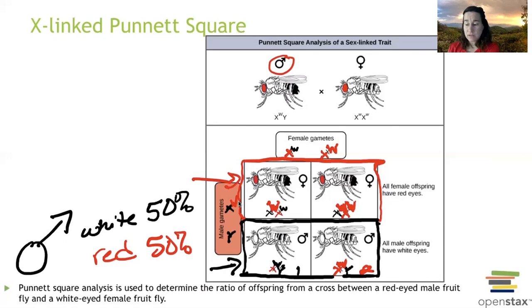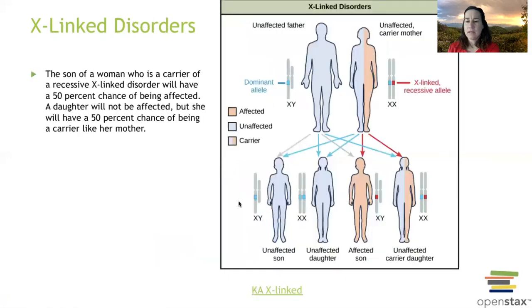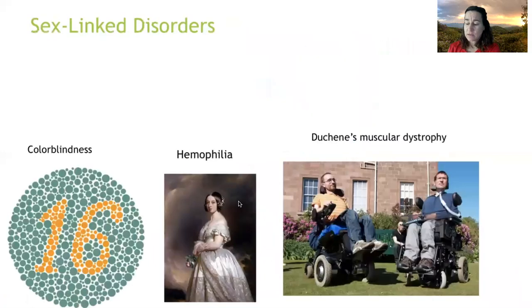So these are X-linked traits. It doesn't have to be eye color for the fruit fly. Maybe it is hemophilia or color blindness or muscular dystrophy. These are all sex-linked disorders. So if you are colorblind, specifically red-green colorblind, then you have a hard time trying to figure out what this number is in this circle here.